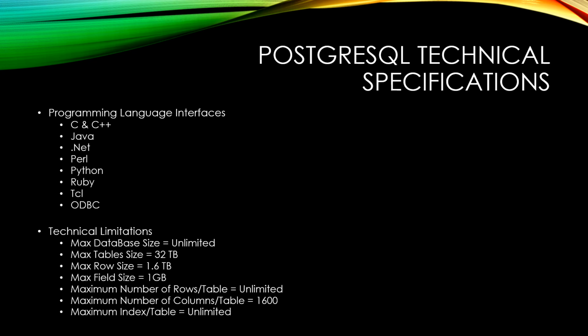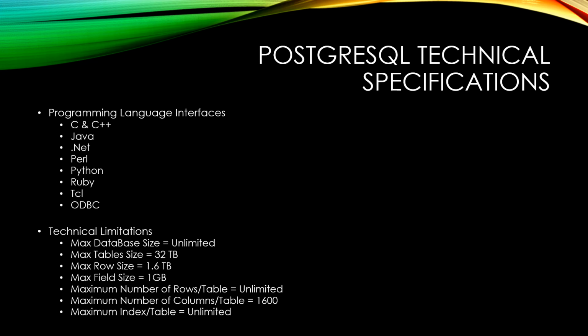And let's talk a little bit about some of the limitations of Postgres. So the max database size is actually unlimited, and the max table size is 32 terabytes, which is fairly large. Max row size is 1.6 terabytes. Max field size, or column size, is 1 gigabyte. The maximum number of rows per table is unlimited.